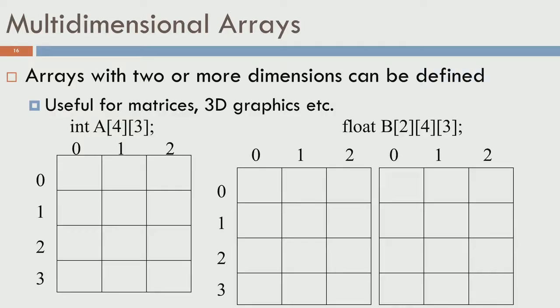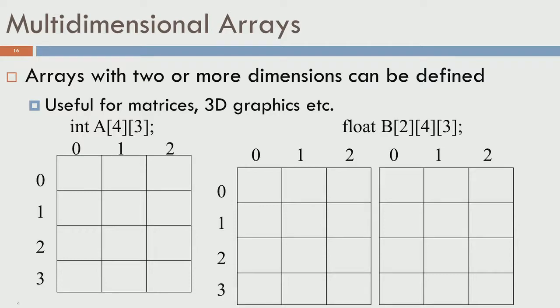There are also multidimensional arrays that are possible. Not everything in practical use is one dimensional. Things like matrices are naturally multidimensional; matrices are actually 2 dimensional. You could also have 3 dimensional structures and so on. So, C gives you the flexibility to have arrays of multiple dimensions.